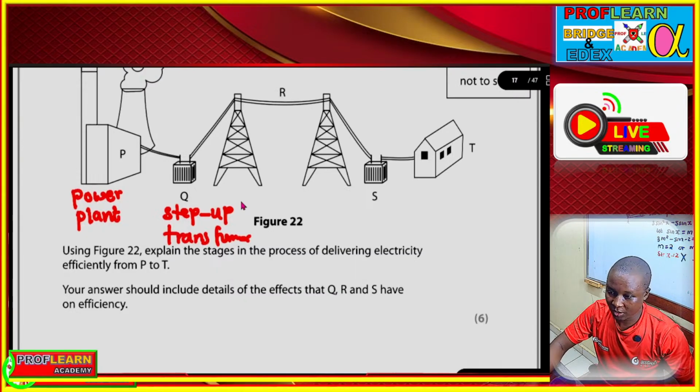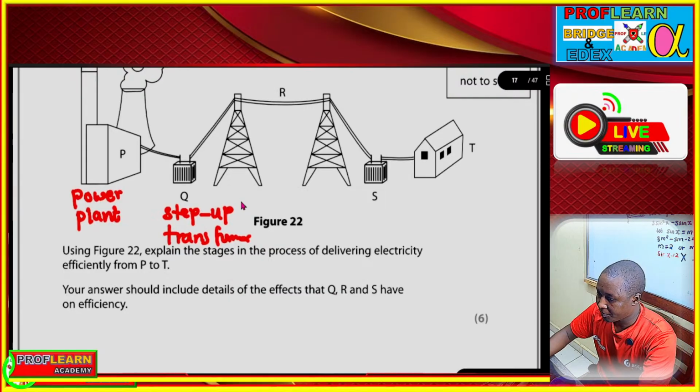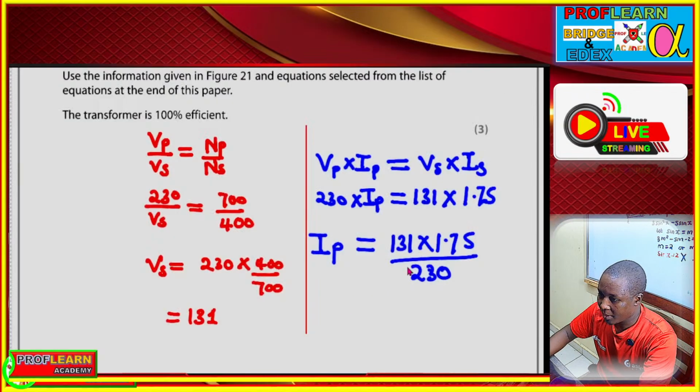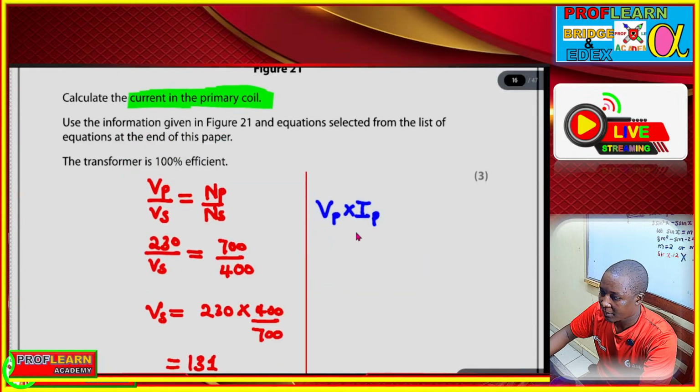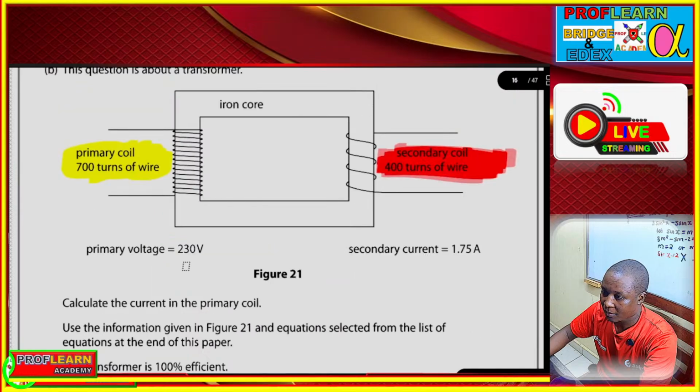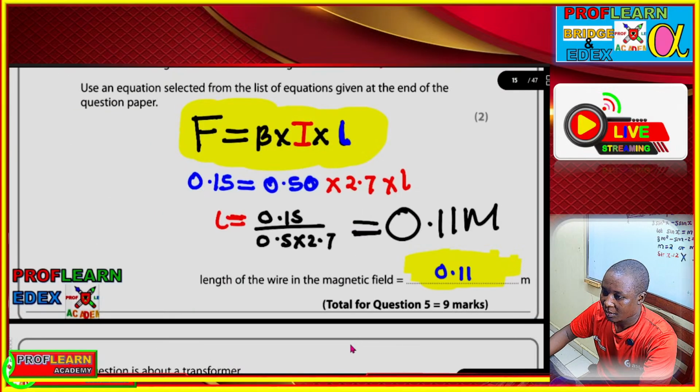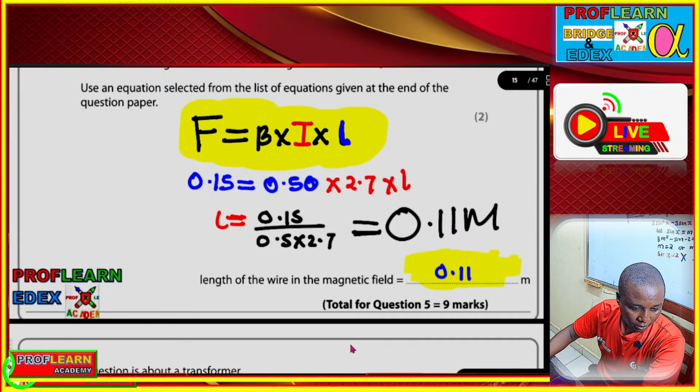I'm checking the chat section and I can see guys are saying got 0.69, got 0.69, and I got 0.11. Let's check what could be the problem in that particular part. Can you confirm what answer you got?